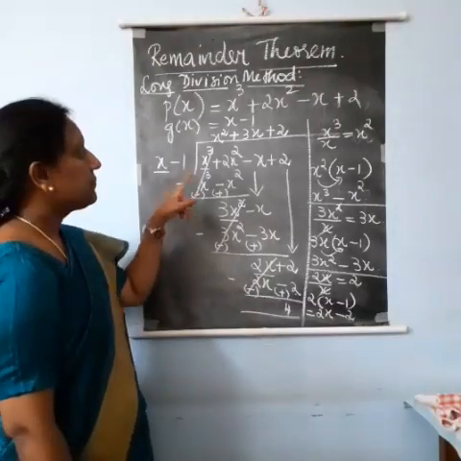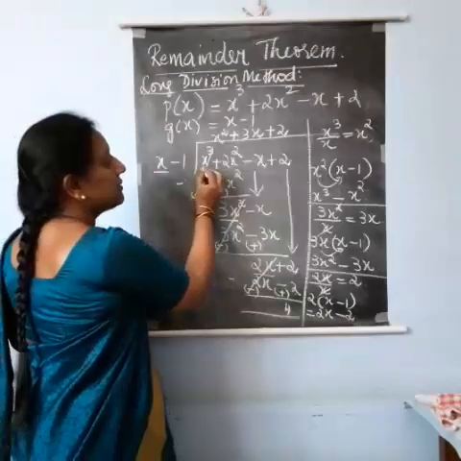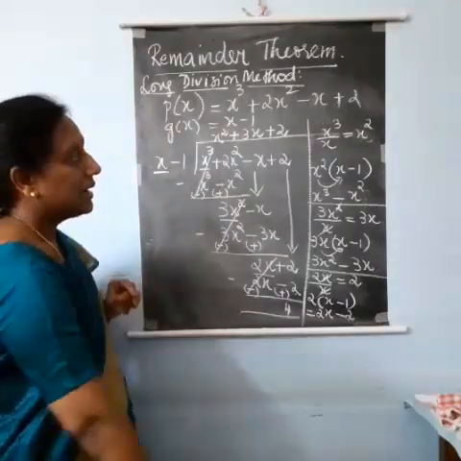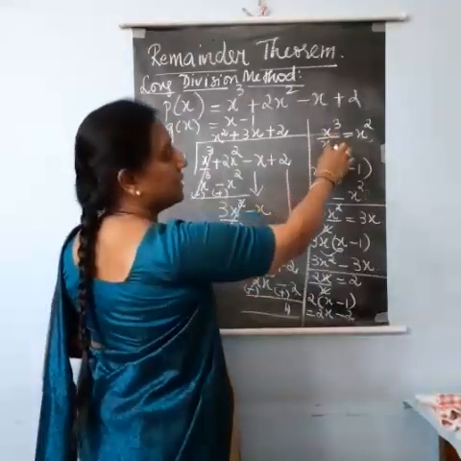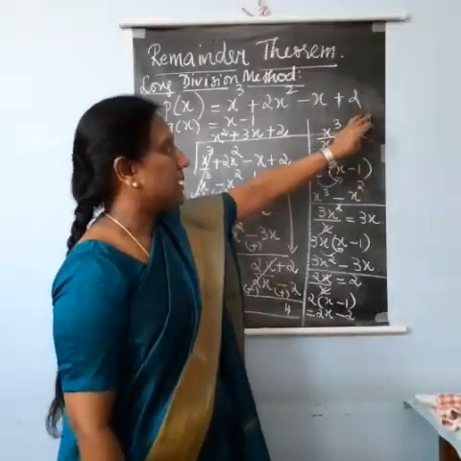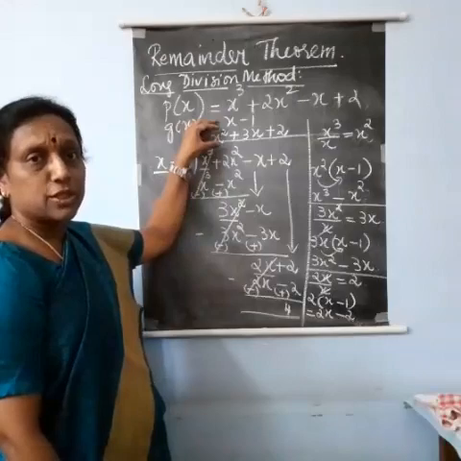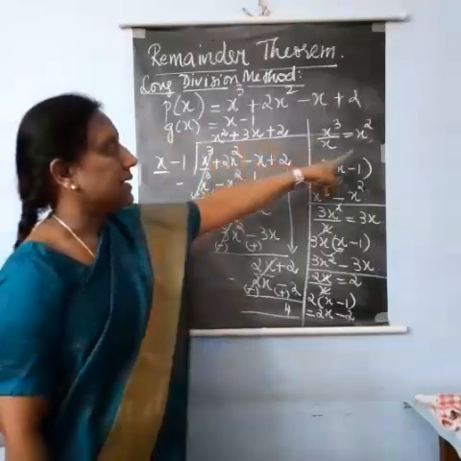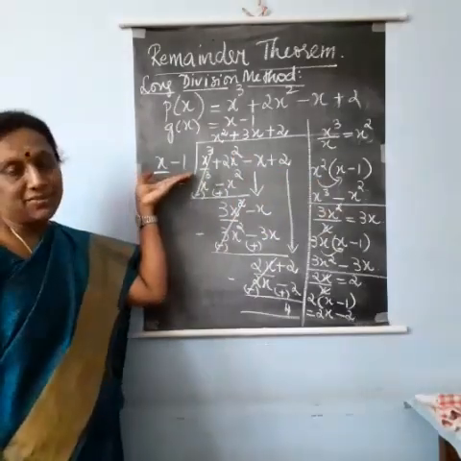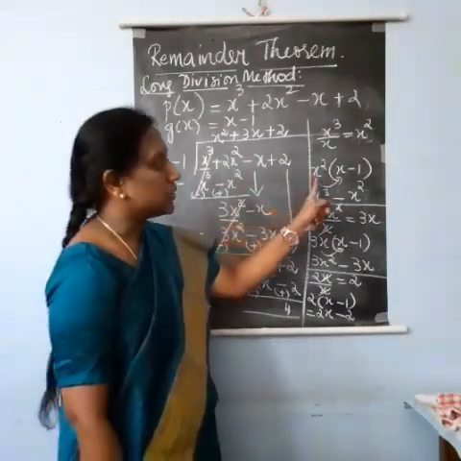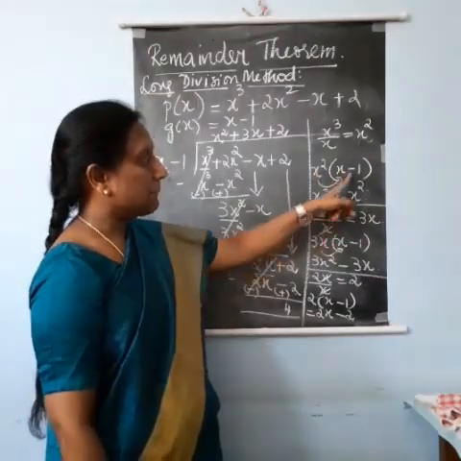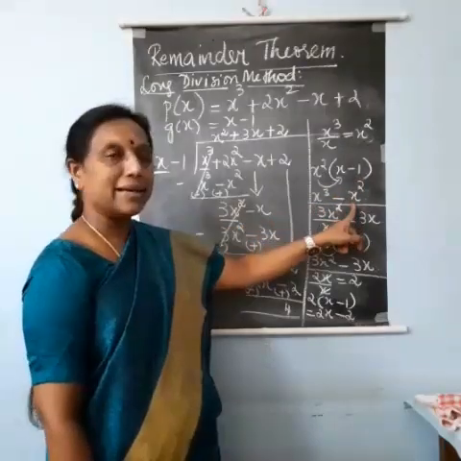When we are dividing, we underline the first term of the dividend and the first term of the divisor, go to the working margin and divide both the terms. The answer that you get, you place on the top for the quotient and then multiply that answer by the entire divisor. When you multiply, you have to use the distributive property, that is x squared into x will be x cubed, minus x squared into 1 will be x squared.